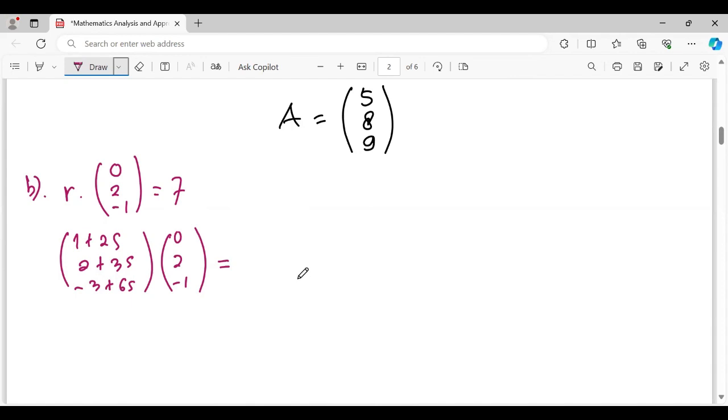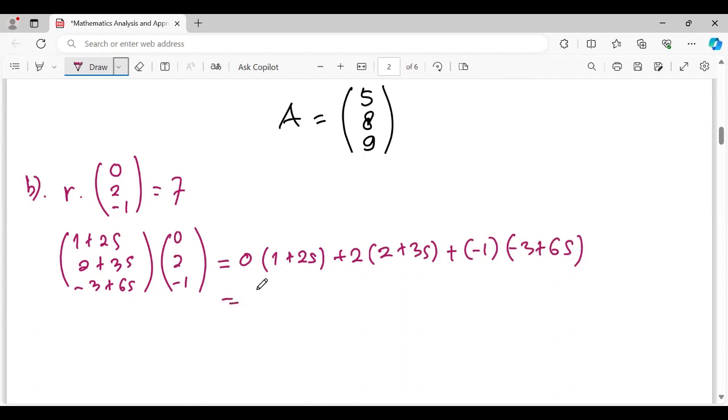So it is 0 times (1 + 2s), plus 2 times (2 + 3s), minus 1 times (-3 + 6s). That is 0, plus 4, plus 6s, plus 3, minus 6s, equals 7.